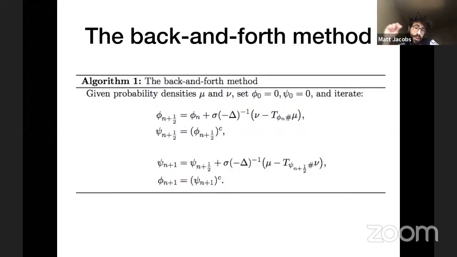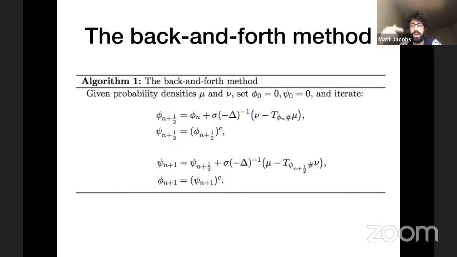So when you put this inverse Laplacian in front of these gradient terms, then your step size sigma, you can take it to be basically independent of your problem size. Otherwise, you would anticipate as you get larger and larger problems, you have some instability and you would be forced to take smaller and smaller sigmas.